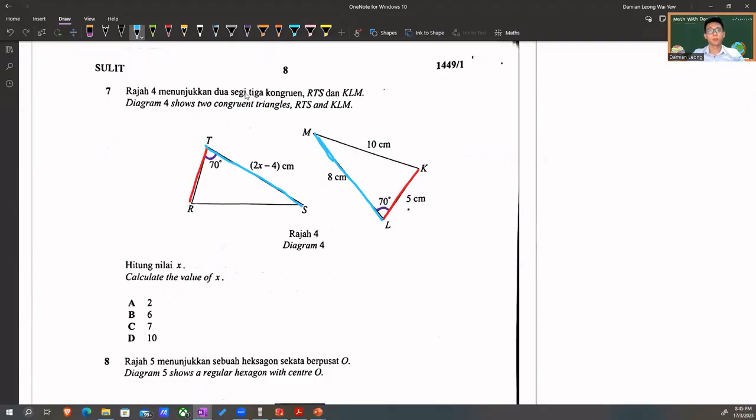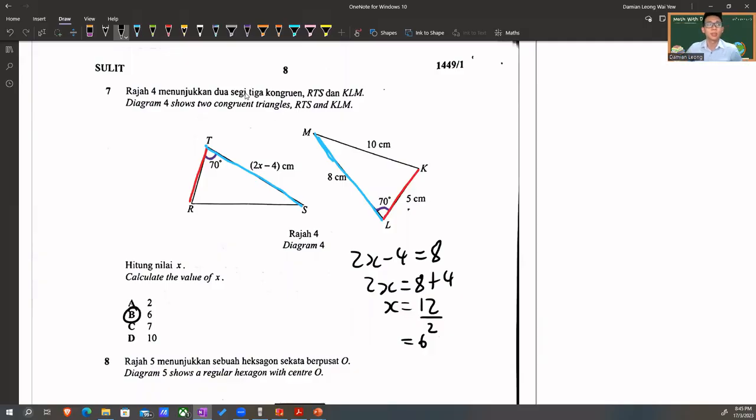So straight away I can see basically the 2x minus 4, I can compare it with the 8. So 2x minus 4 equals 8. 2x is 8 plus 4, bring over the minus 4 as plus 4, which is 12. Bring over the 2, opposite, divide by 2, and x is 6. That's the value of x. Answer B.